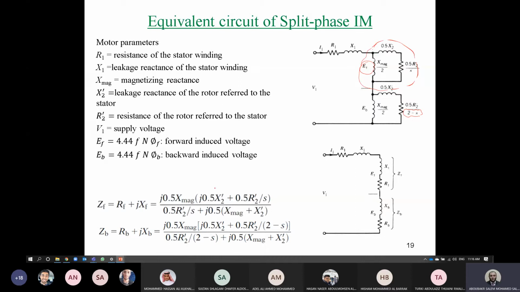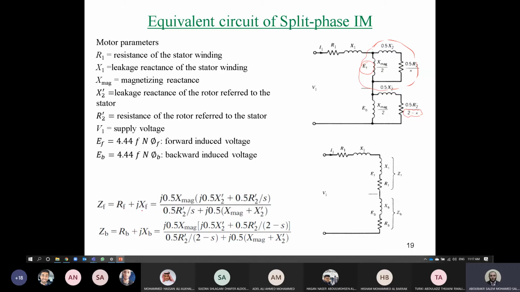After you get the value of this impedance, we can give a name for the real part as RF, which means equivalent forward resistance, because there is no physical element in the motor called forward resistance. This is just equivalent.